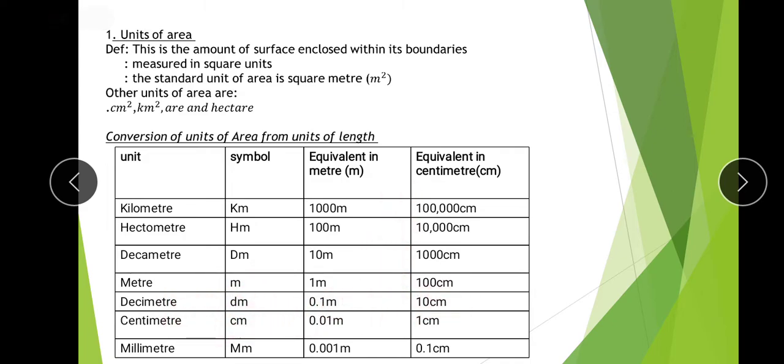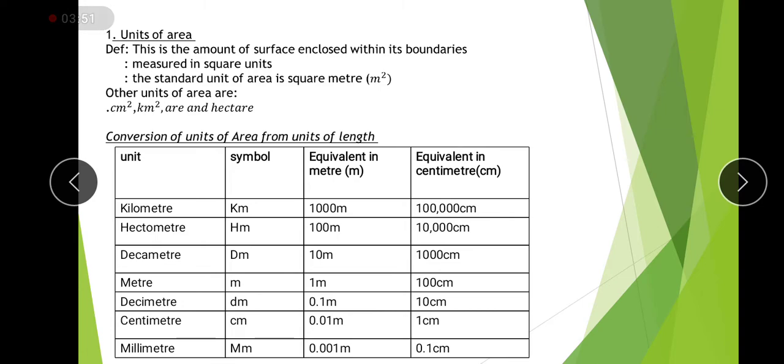Now here we are going to convert these units of length to area. We are going to have square kilometer, convert it to square meter. We also convert it to square centimeter. Also going to have a square meter, we convert it to square centimeter. Now I'm going to do two examples.